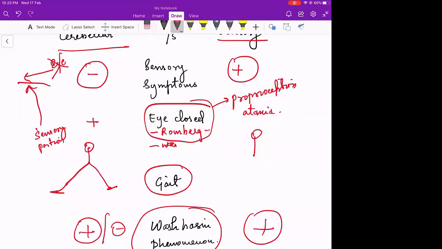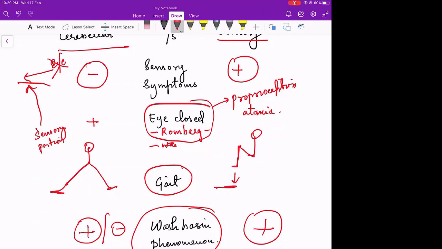The patient is not aware where the ground is, or how high to lift, so the patient will bring his limbs very high and stamp the ground very hard because he is not able to assess where the ground is.